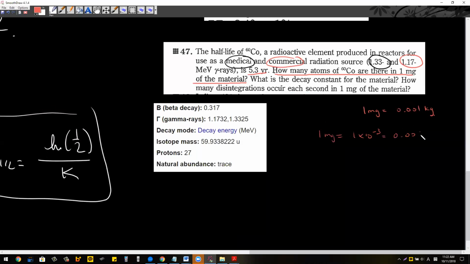Yeah, 3 zeros. Are you sure? Yeah, I'm fairly sure. Because 1 gram is equal to 10 decigrams, which is equal to 0.1 gram, right? 1 kilogram, 1 centigram, 1 milligram. 1 milligram should be 0.001.